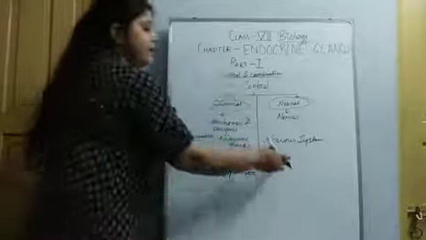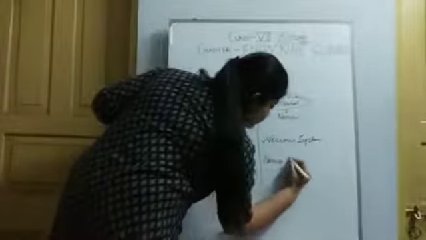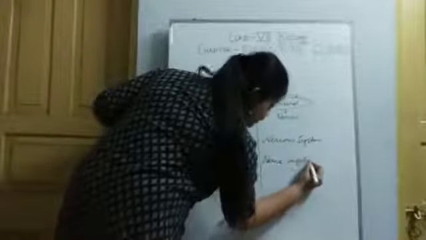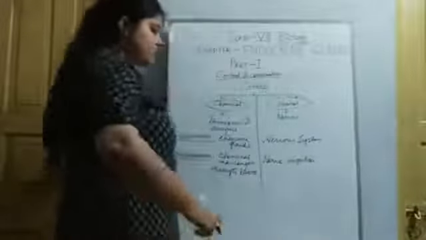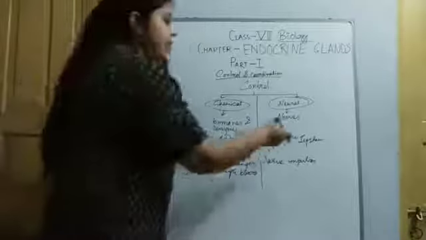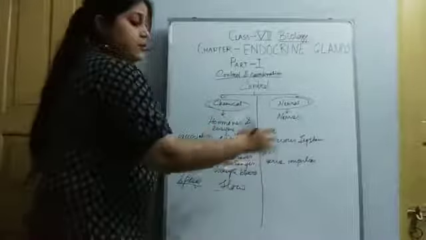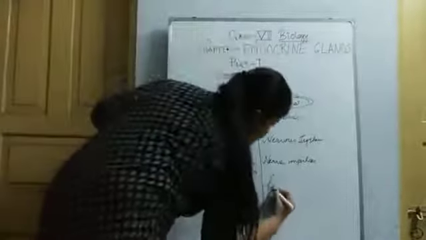And here the transmission is done mainly by nerve impulses. So the speed of the chemical transmission is slower than the neural control, and the speed of nerve impulses is faster than the chemical control.